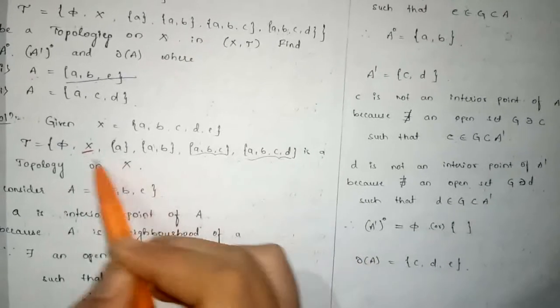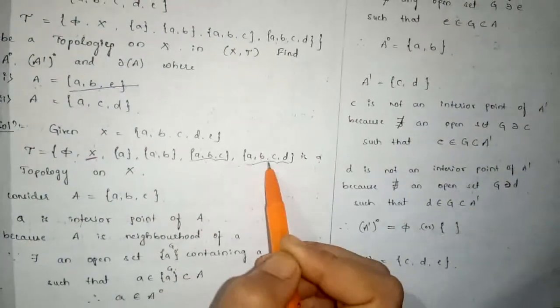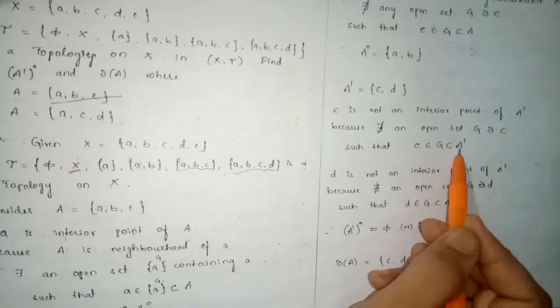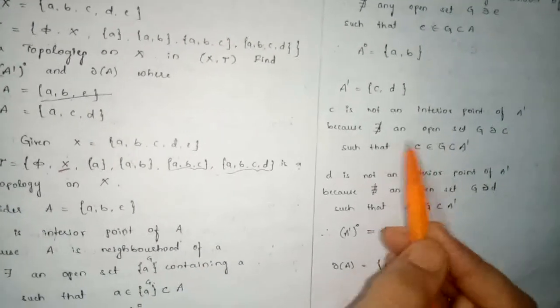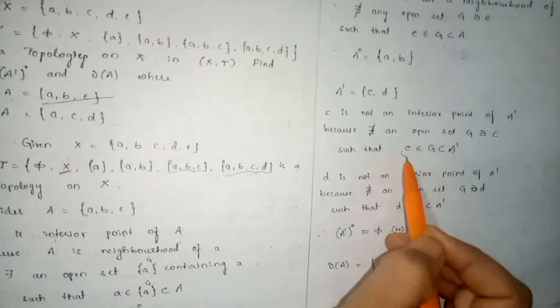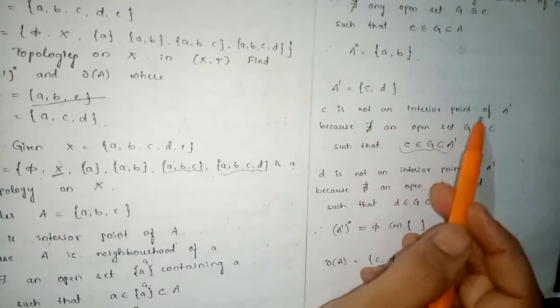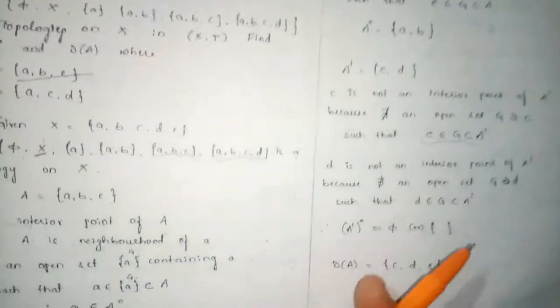But X, {a,b,c} and {a,b,c,d} are not subsets of A complement. Therefore, there does not exist an open set for which this condition is satisfied. Therefore, c is not an interior point of A complement.